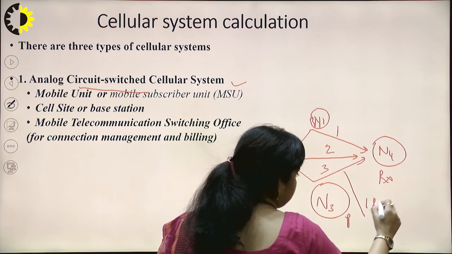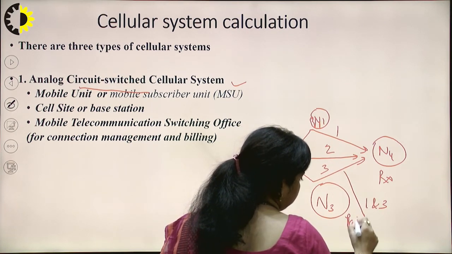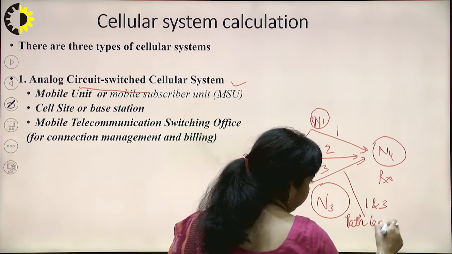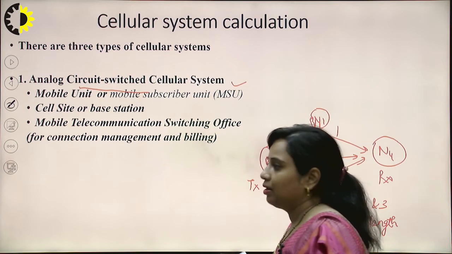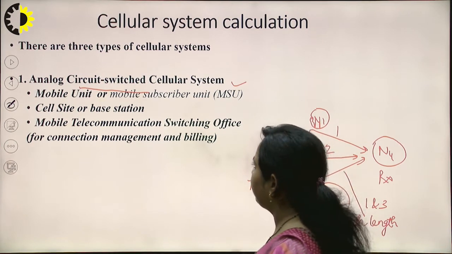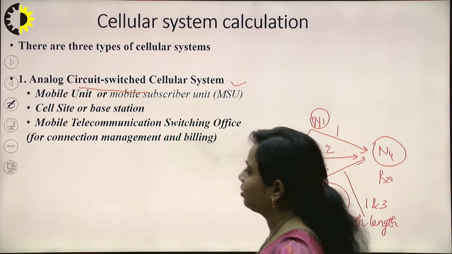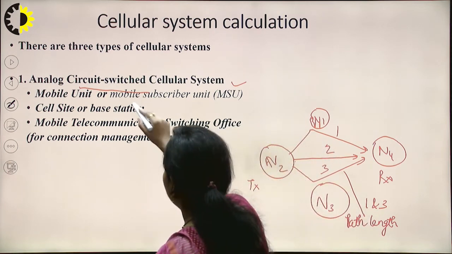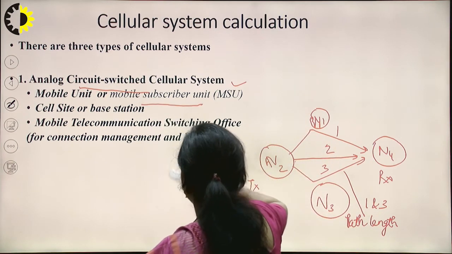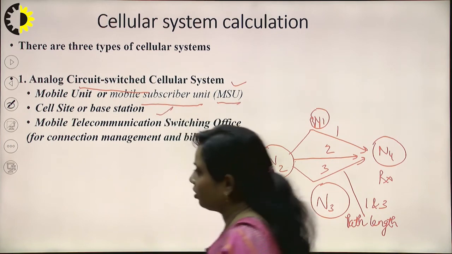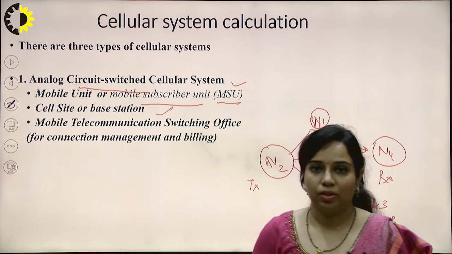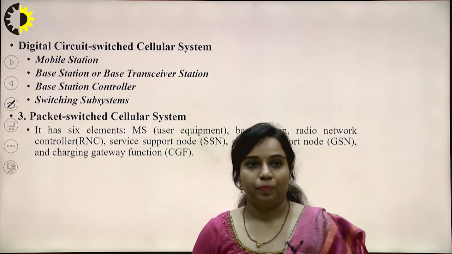For the first and third case, the path length is the same, and for the second case, the path length is less. So this is the consideration for the analog circuit switched network. This is not pre-decided. This is also known as the mobile unit or mobile subscriber unit, denoted by MSU, cell site or base station, and this is the concept of the analog circuit switched cellular system.